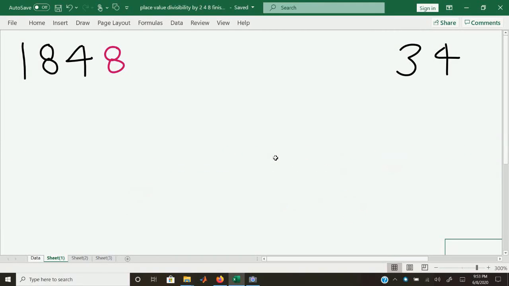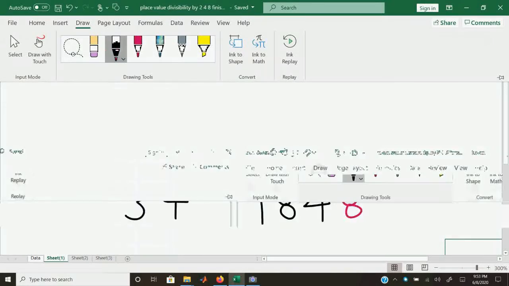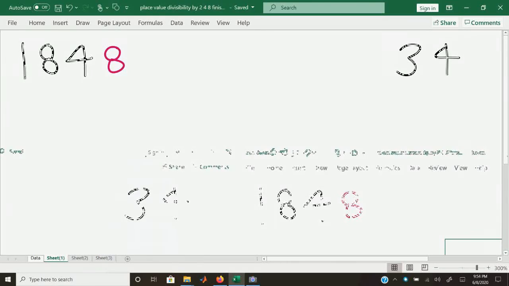First thing I'm going to do is break apart my 1848 to see if it is divisible by 2.